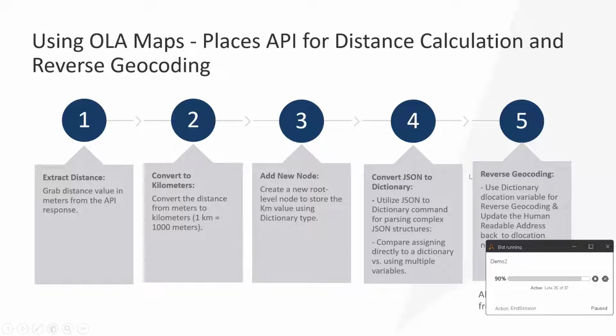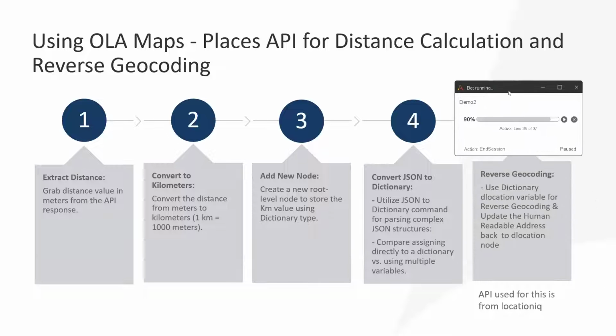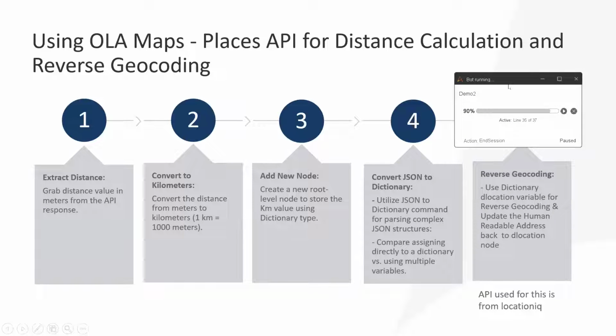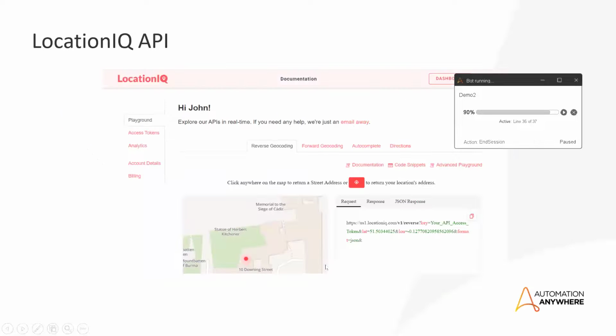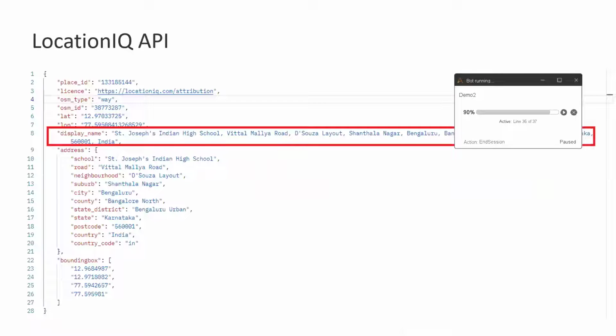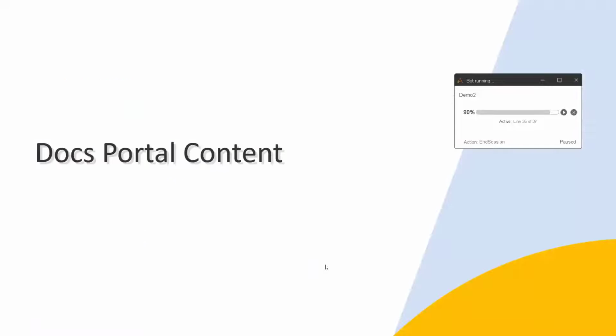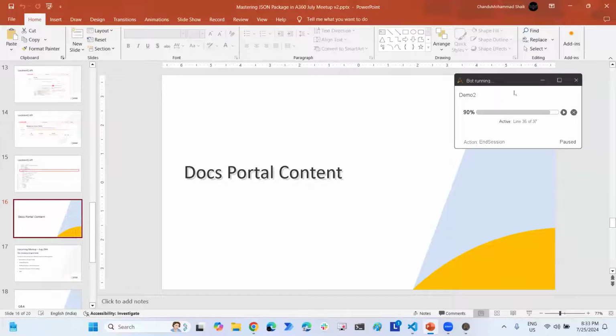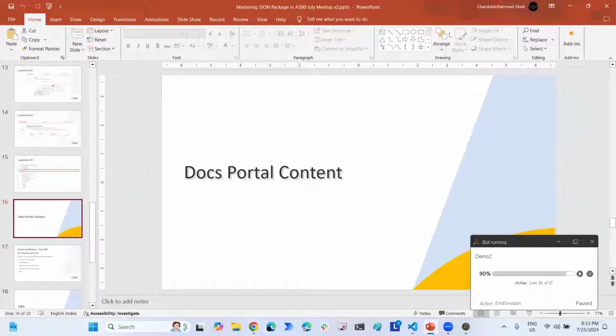And then I'm using reverse geocoding using the location IQ endpoint to convert the latitude and longitude to the human readable address. So I covered this from here, and we are fetching back to here. Over to you, Arjun. I covered the demos that I have planned.